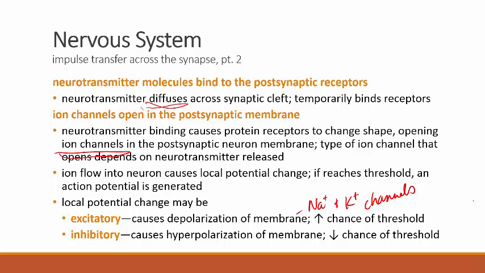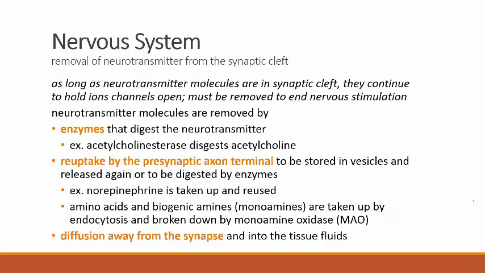So depolarization, remember, is a positive change in membrane potential. The membrane becomes less negative, getting a little closer to minus 55, moving up from minus 70 toward minus 55.